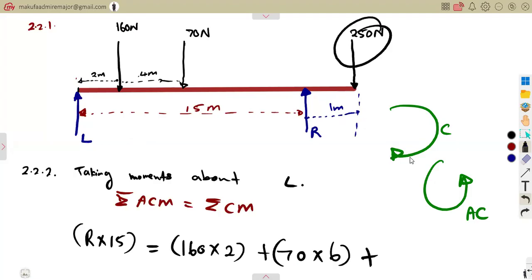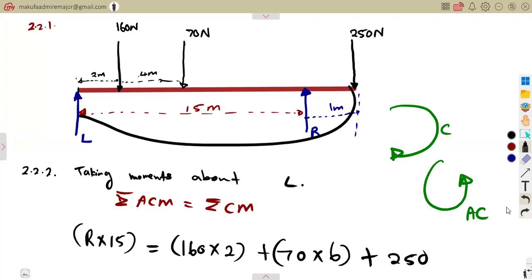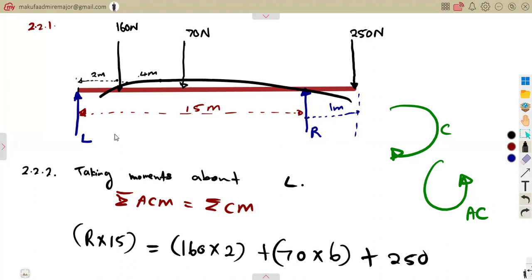Plus, there is a 250 which is going in the clockwise back to L. But the distance now, 250 back to this, guys, that is the whole 16 meters, the 15 plus 1, which is 16 meters. So that's it.